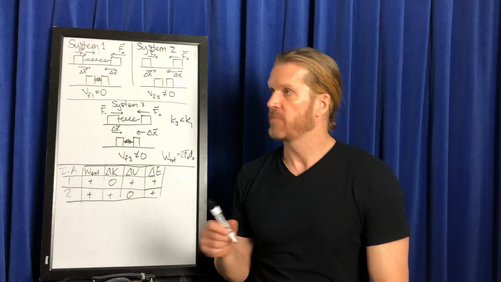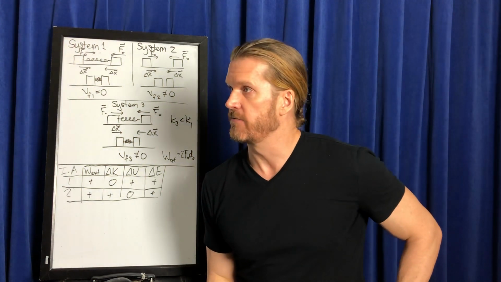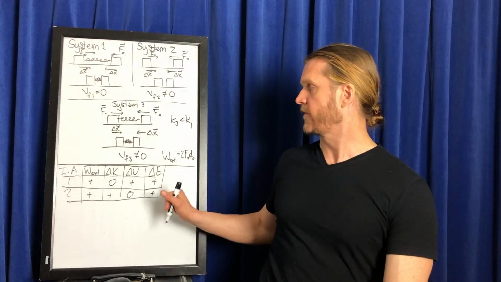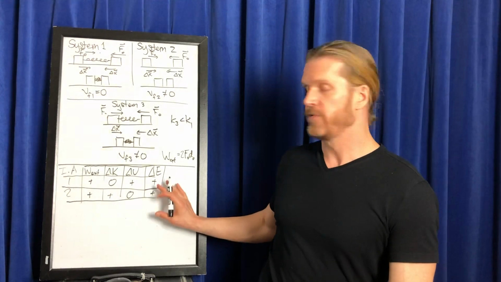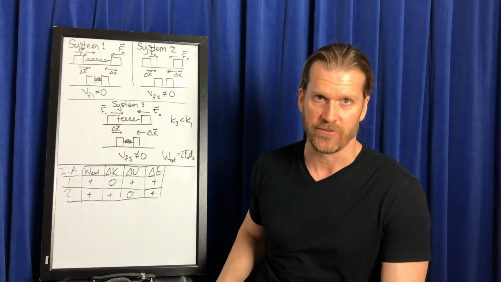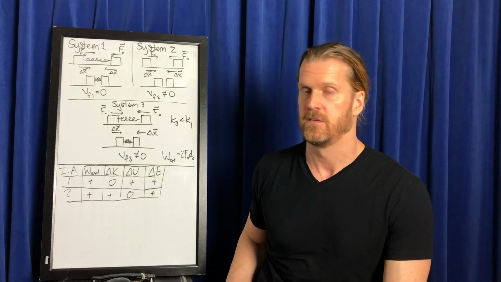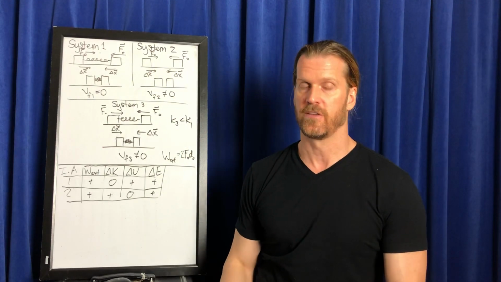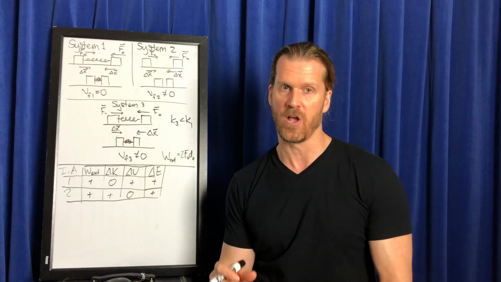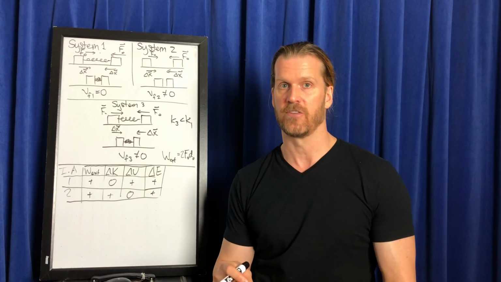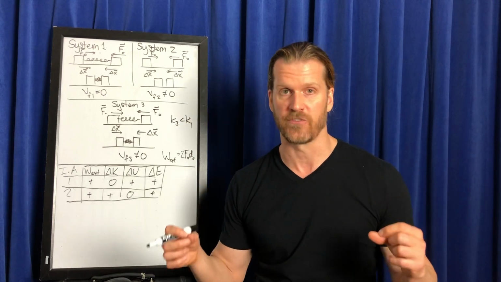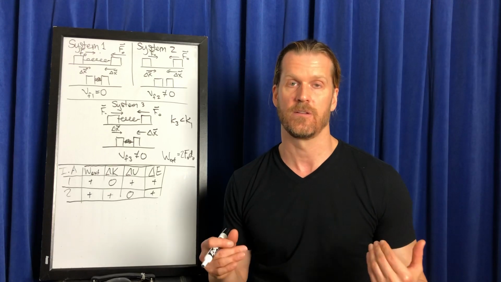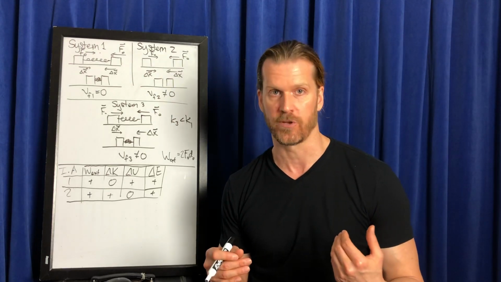Student 3 says in the absence of friction, the total energy of a system must remain constant. That's only true if the system is closed, if there are no external forces acting on it. These systems here are not closed because the systems consist of the blocks and the springs, and there are objects external to the systems, namely the hands, that are providing external work.